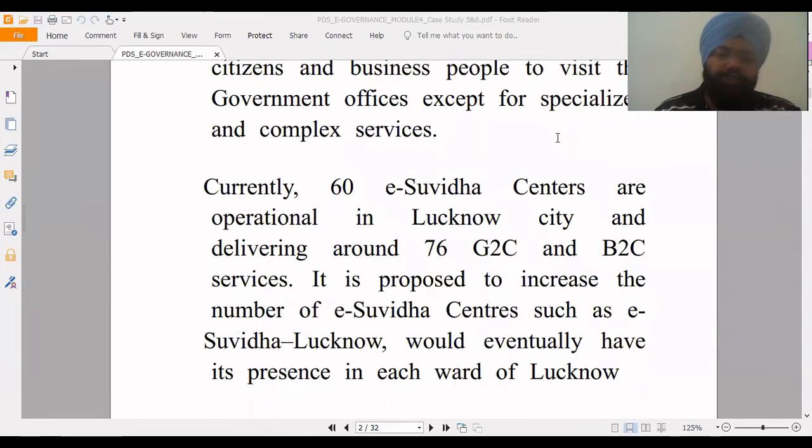Currently, 60 e-Suvidha centers are operational in Lucknow city and delivering around 76 G2C and B2C services. It is proposed to increase the number of e-Suvidha centers such that e-Suvidha Lucknow would eventually have its presence in each ward of Lucknow.